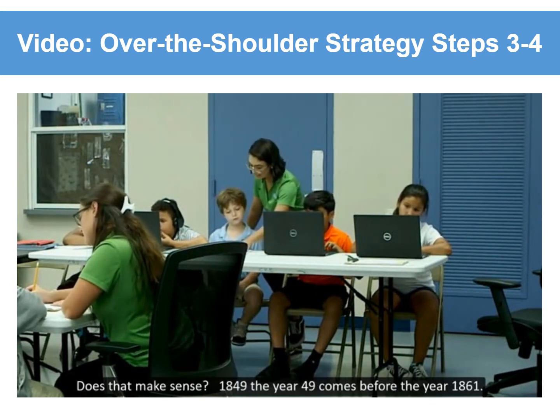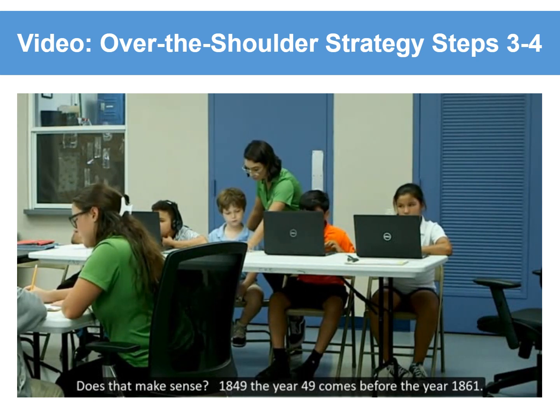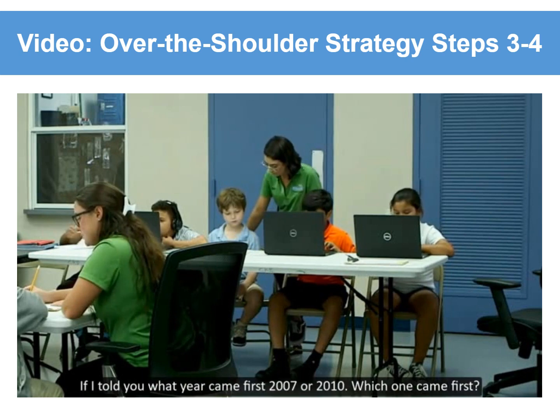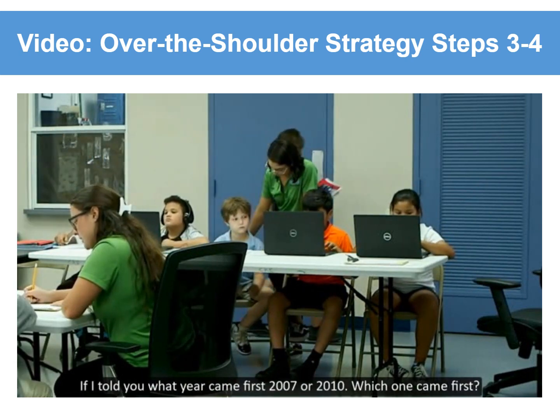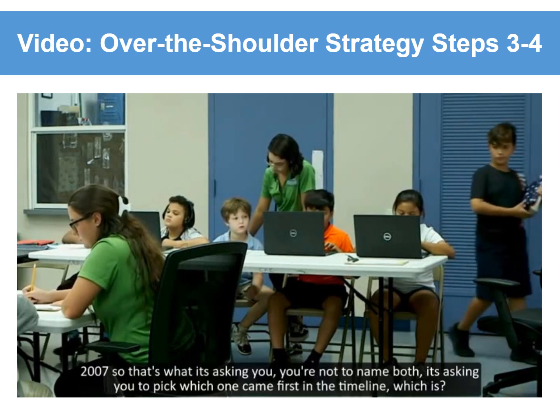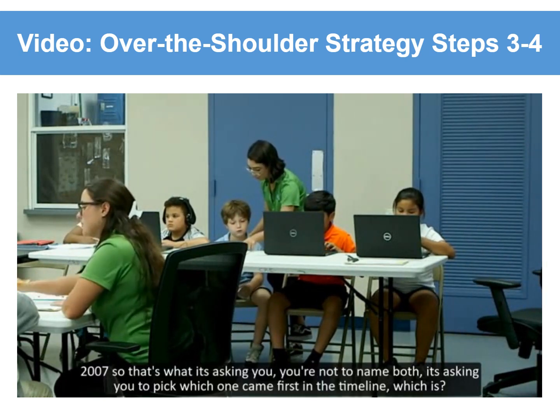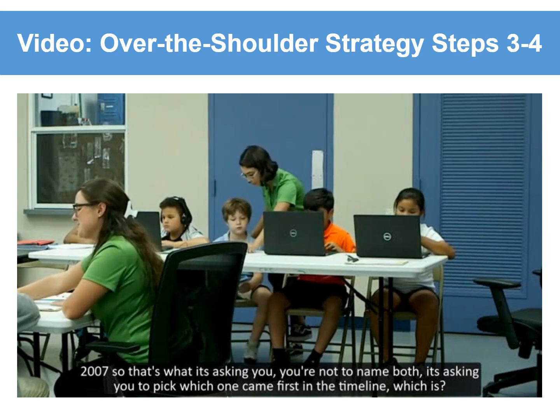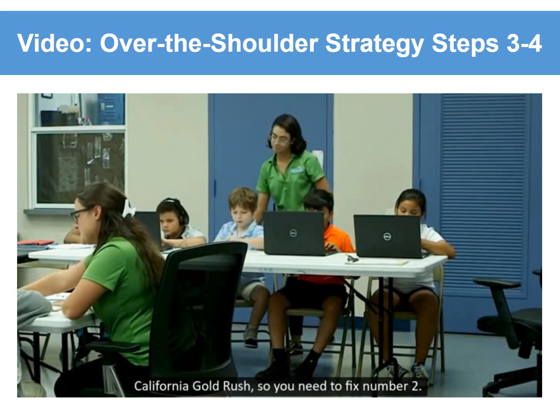Does that make sense? 1849, the year 49, comes before the year 1861. If I told you what year came first, 2007 or 2010, which one came first? 2007. So that's what it's asking you. You're not to name both. It's asking you to pick which one came first in the timeline, which is California Gold Rush. So you need to fix number 2.